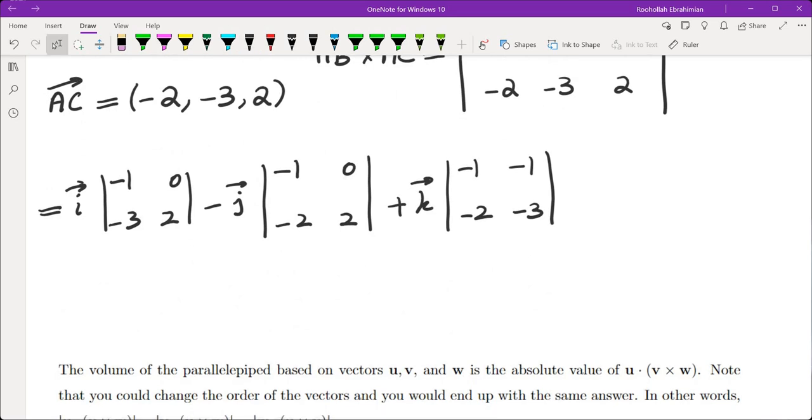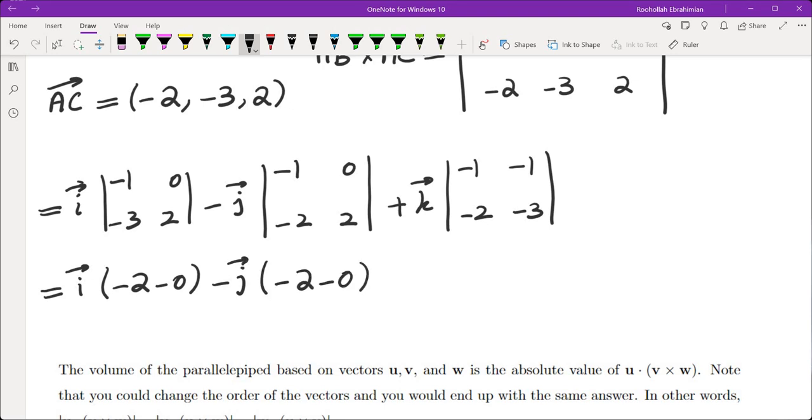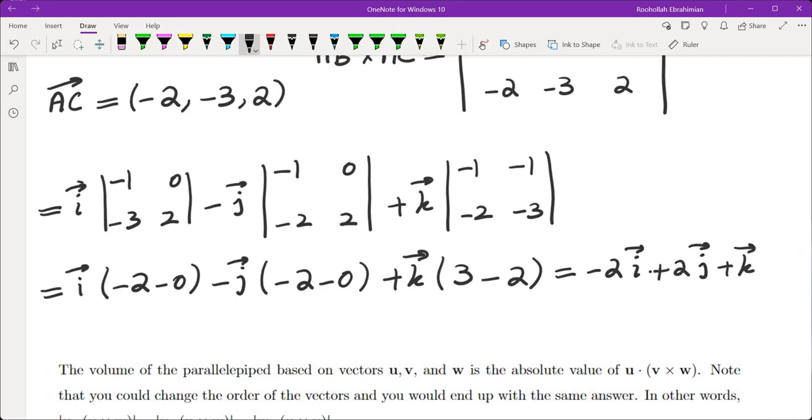Okay, so let's evaluate this, and then we take the magnitude. So this would be -2 minus 0, minus j times -2 minus 0 again, plus k times 3 minus -2 times -1. So that is -2i plus 2j and plus k.